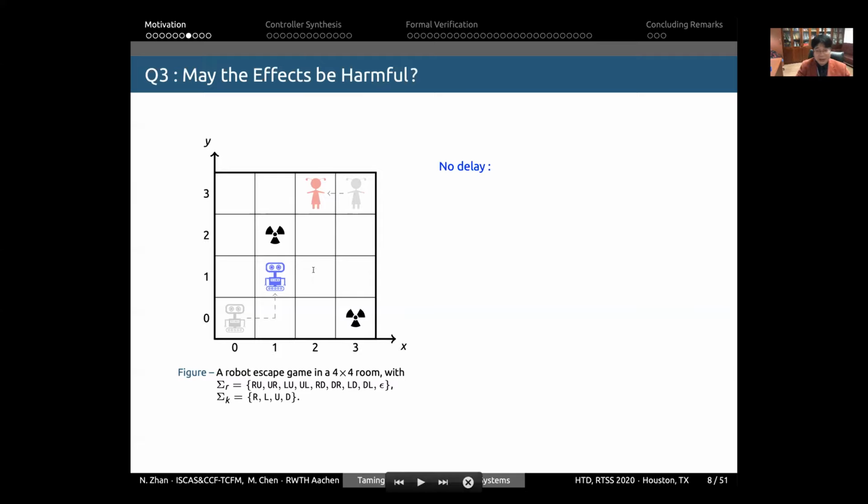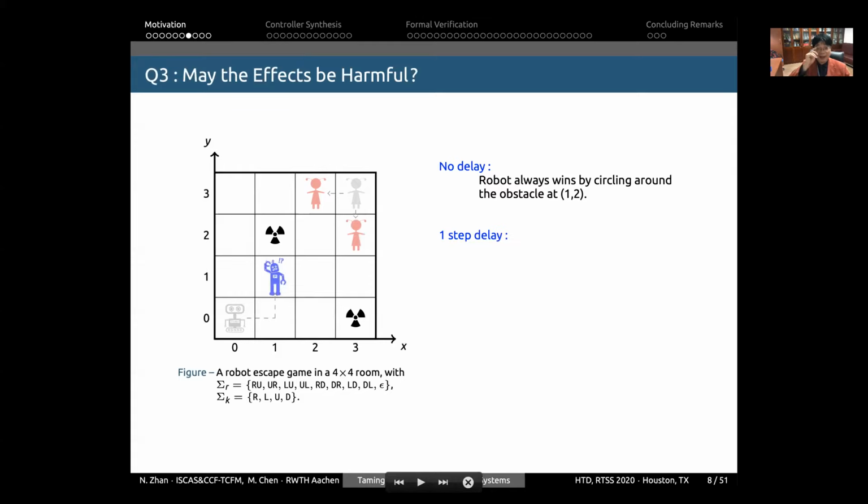So you see that once we don't consider the time delay, it's easy to synthesize a winning strategy for the robot. The robot just always circles around the obstacle at 1, 2, okay?